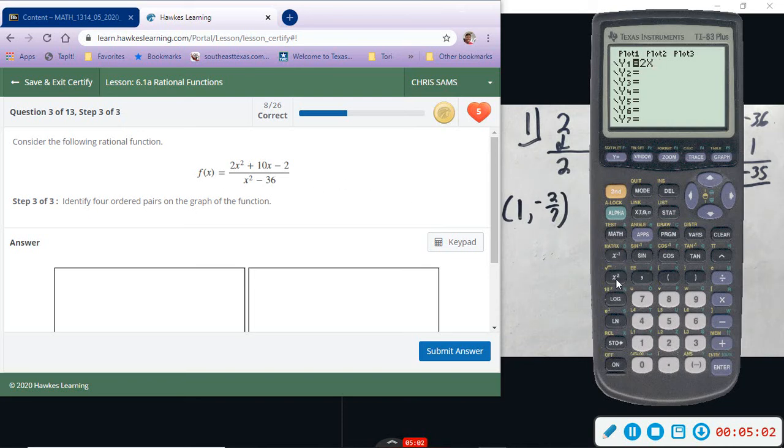So 2x squared plus 10x minus 2. Alright, then I'm going to arrow down. I'm going to go to y2 and I'm going to put in this second equation. So that is x squared and then minus 36. Alright, so when you get them in, you're going to hit second and then graph to see the table.